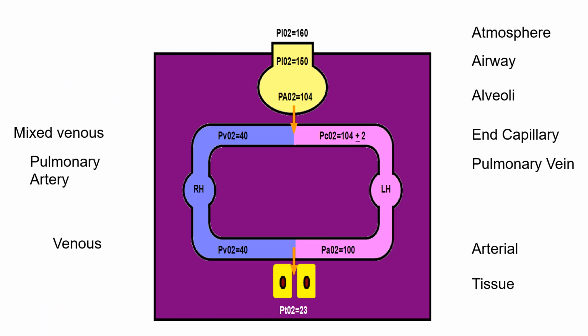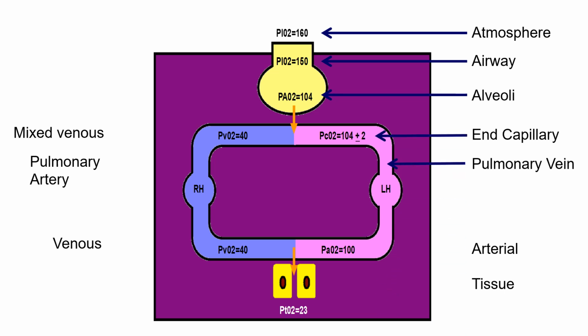Now, these are the different compartments where oxygen tension may differ. You have atmospheric air, then you have air in the airway, then you have the alveolar air, then you have oxygen in the end capillary, oxygen in the pulmonary vein, oxygen in the blood in the pulmonary artery, oxygen in the tissues, oxygen in venous blood, and finally oxygen in mixed venous blood.